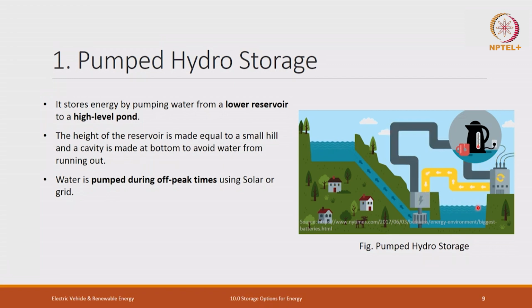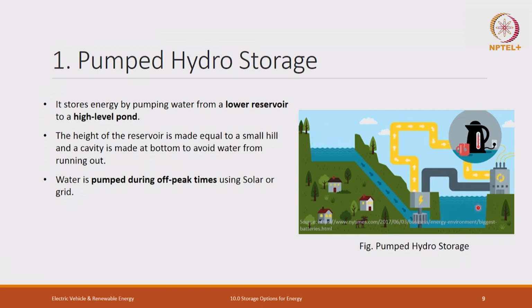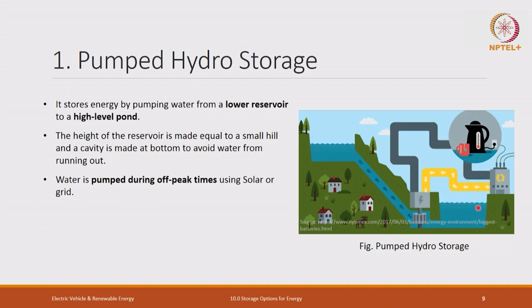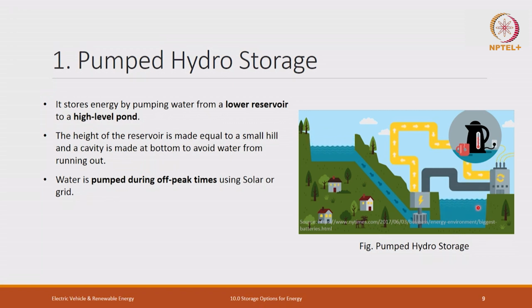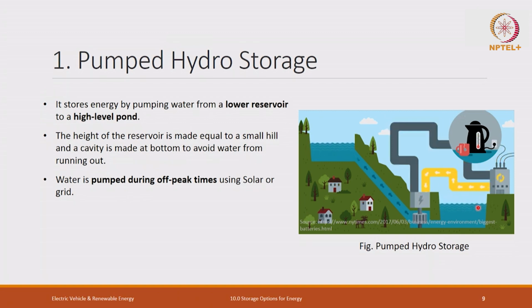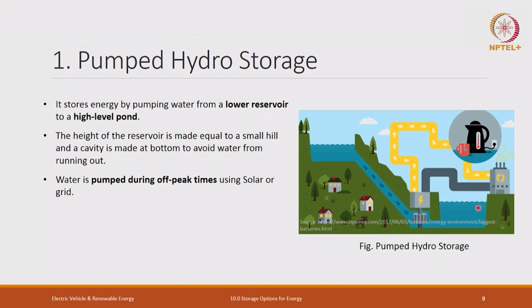Water is pumped during off-peak hours using solar or a renewable energy grid, which can have a combination of energy coming from wind and from hydroelectric power plants, and wherever there is not much demand, at that time this water would be pumped to the reservoir at the higher level.